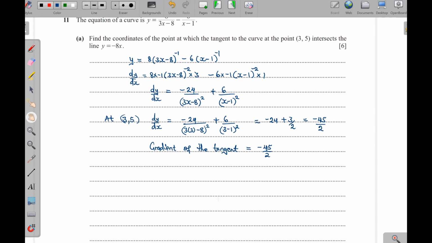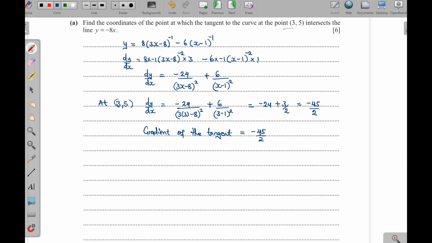We have gotten the gradient, and we have a point through which this line passes, which is 3, 5. Then we can find the equation of the tangent. So to find the equation of the tangent, I'm going to use the general equation y minus y1 is equal to m into x minus x1.